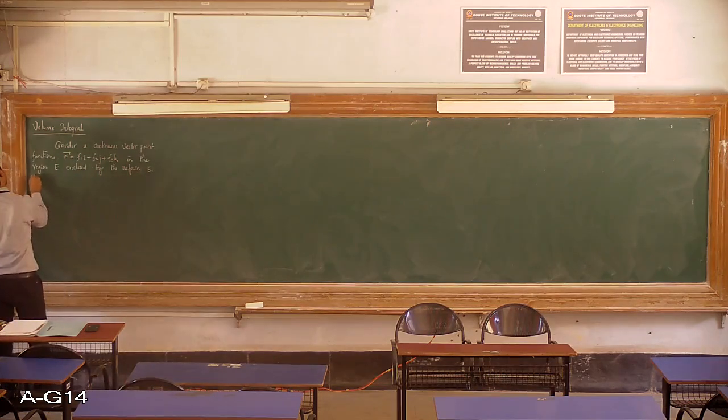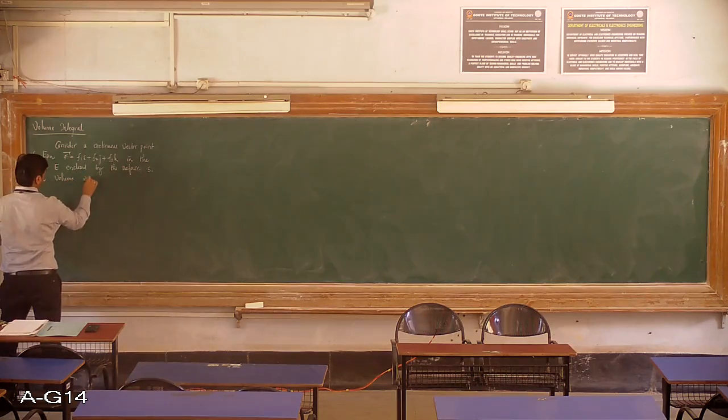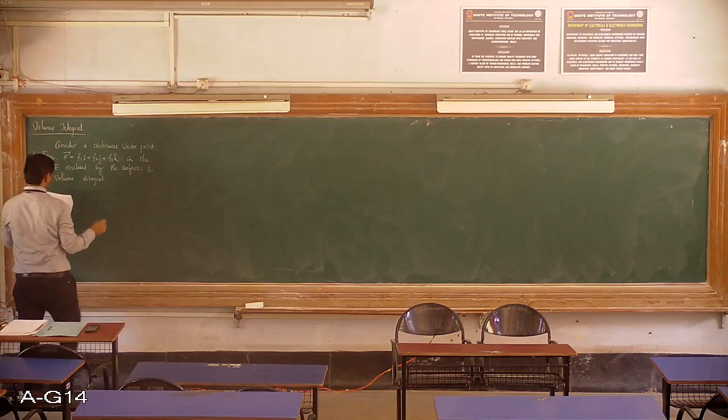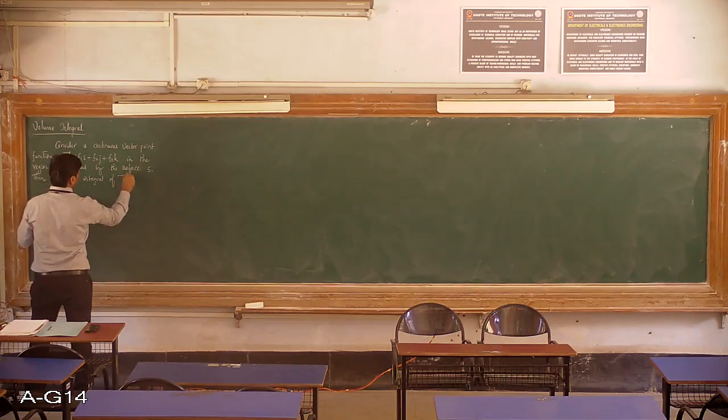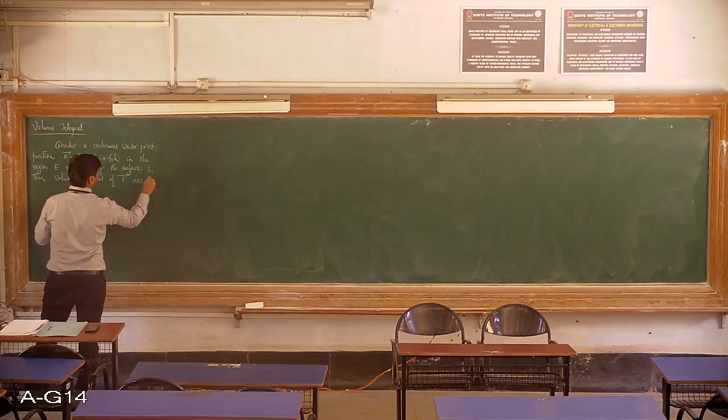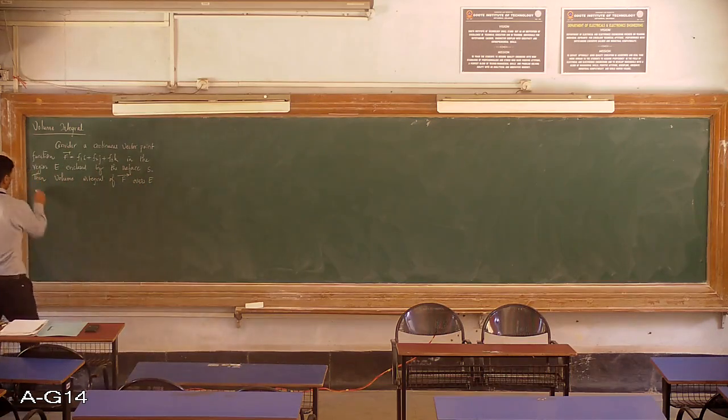Then the volume integral of F over E is written as the integration over the region E of F dV. Here dV means the volume element.